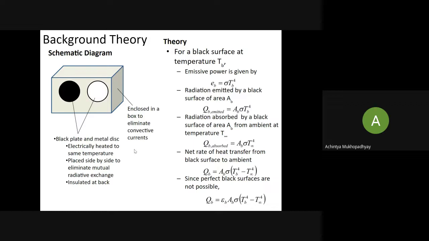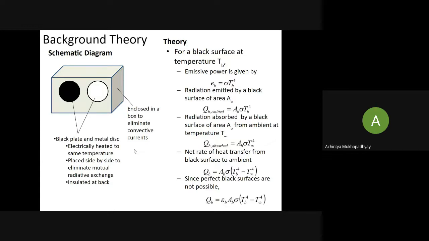I mean, if they were placed at some angle, or if they were placed facing each other, then there would have been a radiative exchange between them, governed by the shape factor or the view factor. But by placing them exactly side by side, we can ensure that radiation emitted by one surface does not reach the other surface. So there is no coupling of the radiation between the two plates. Okay.